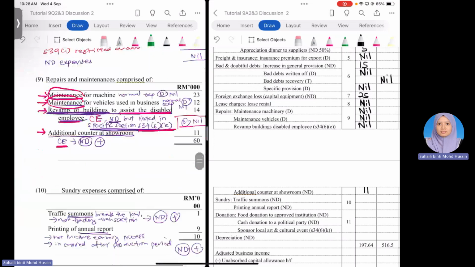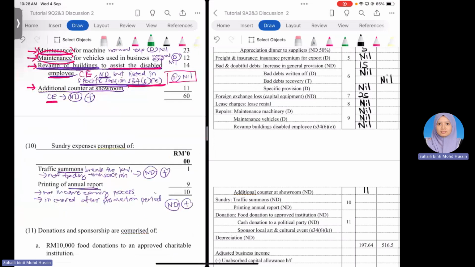The 10,000 ringgit already deducted in SOCI includes the traffic summon, 1,000 ringgit, and another item, the printing of the annual report. Okay, traffic summon and printing of the annual report.